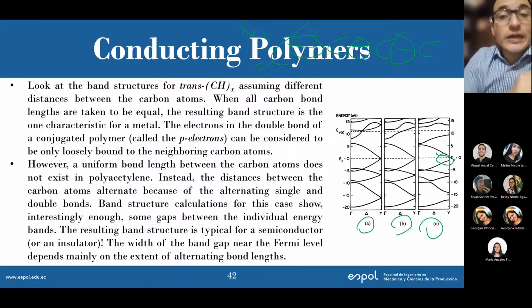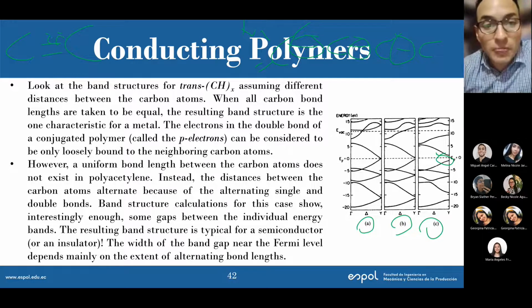The electrons that are there in that double bond are called p electrons because they are considered to be loosely bound to the neighboring carbon atom. So when you have this double bond carbon to carbon, the electrons that are there are considered to be loosely bound.